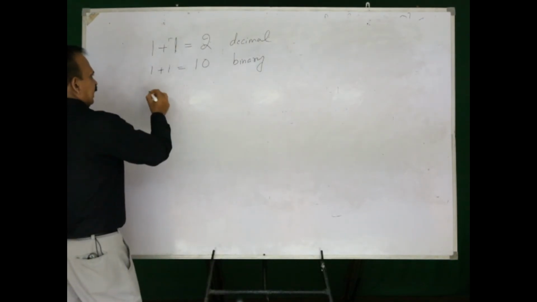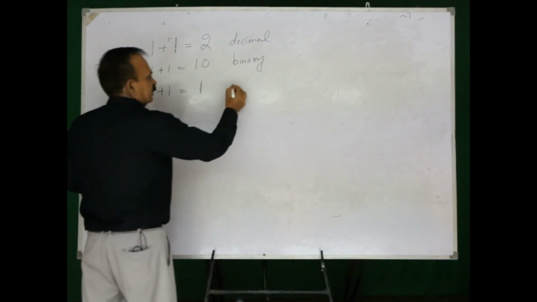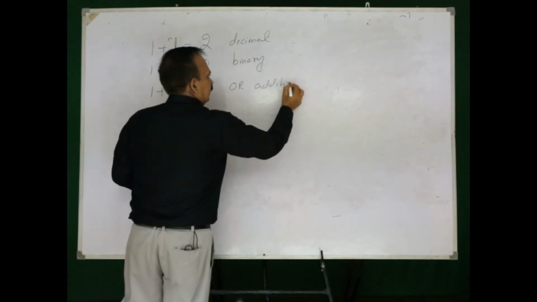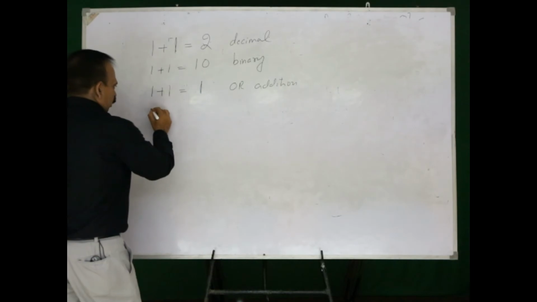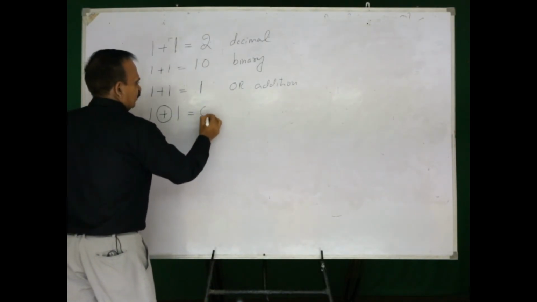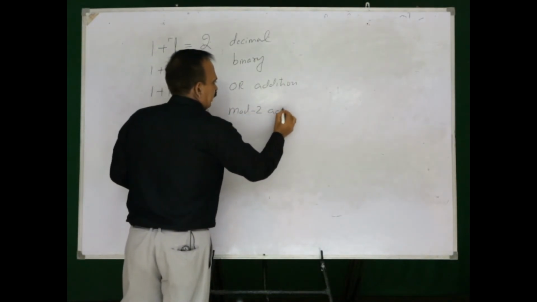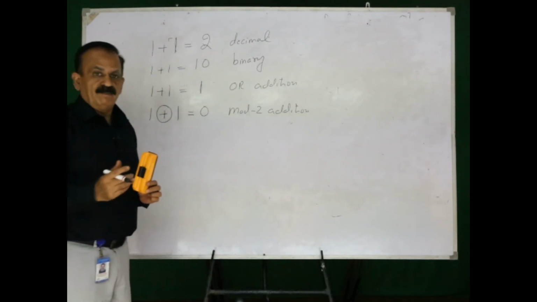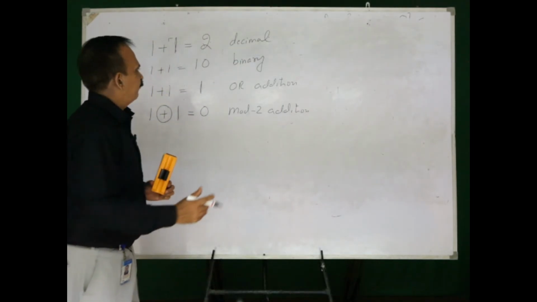Now in the previous lecture what we learnt is 1 plus 1 is equal to 1. This is nothing but OR addition. And the last, what we learnt now is 1 plus 1 is equal to 0, and we call it mod 2 addition. And mod 2 addition is add the numbers and neglect the carry if any.